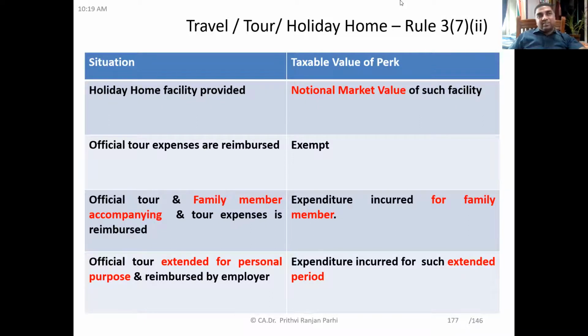But beyond that, it will be taxable. Beyond that means the period for which the employee has stayed for personal purpose. For that period, whatever money is reimbursed by the employer will be the taxable perquisite. Did you understand this?